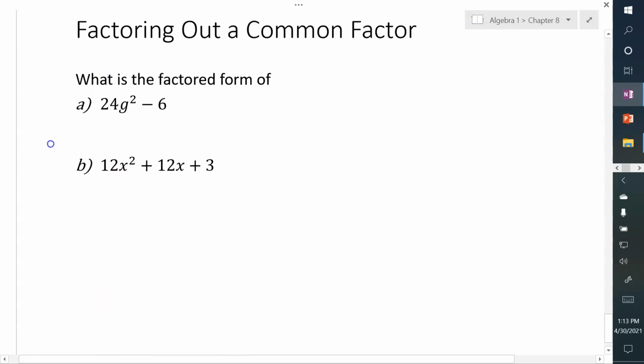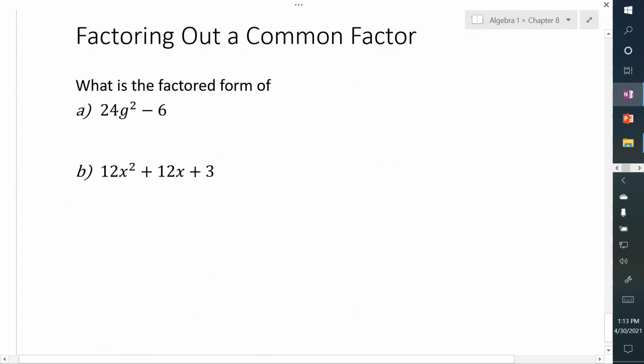The next thing you can do is if you factor out a common factor, oftentimes you'll be left with something really easy to factor. So take a look at our 24g squared minus 6. I see a common factor of 6. So if I pull a 6 out, I'm left with 4g squared minus 1.